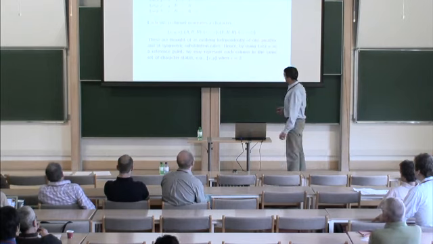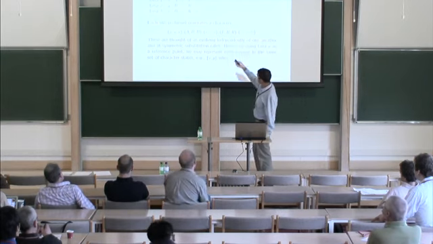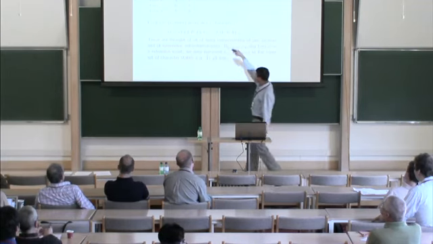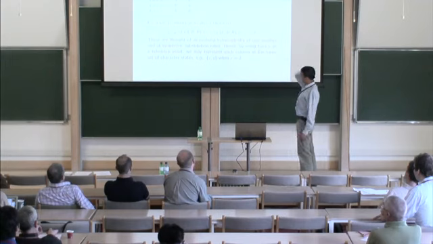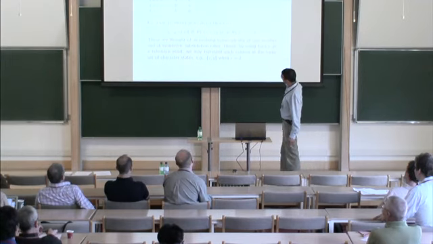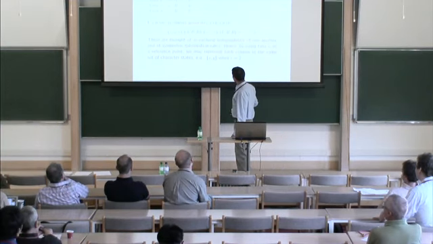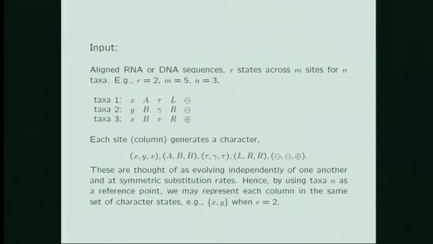But now, if I assume that there are only two characters, the cardinality of the character set I call R. The number of sites is M, and the number of species is N. Now, in most substitution models that biologists use, they assume, for the purposes of dimensionality reduction, that the substitution probabilities are symmetric.